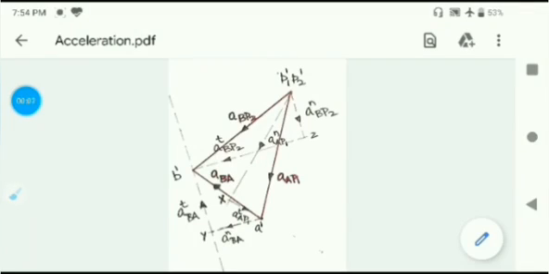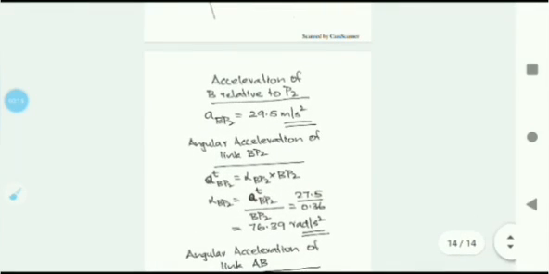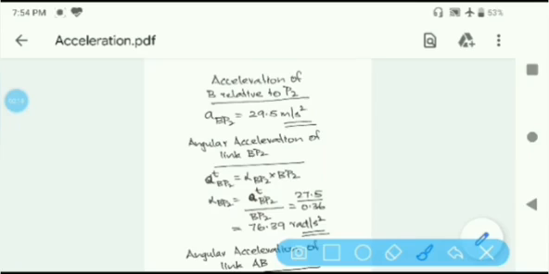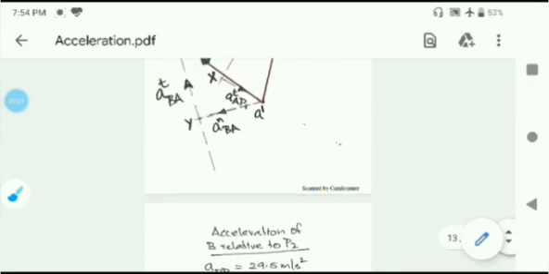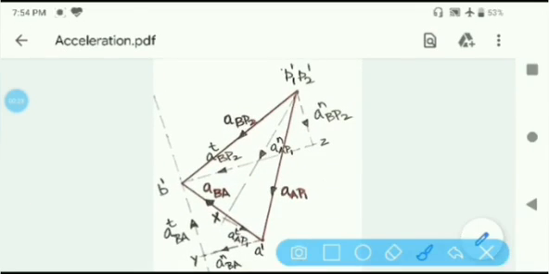Since we have completed the acceleration diagram for the 4-bar mechanism, now using this acceleration diagram we will find out the unknowns that are asked. The first question that is asked is the acceleration of point B, relative to the fixed point P2. To find the acceleration of B relative to P2, you need to measure the line B prime P1 prime P2 prime.